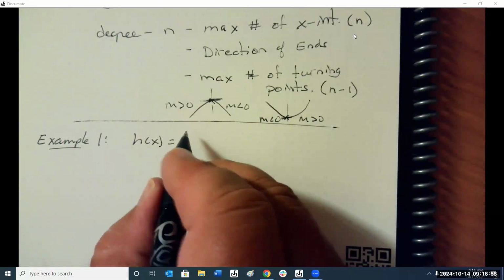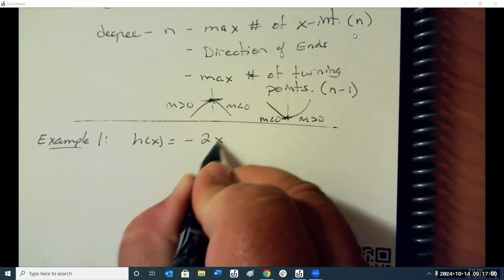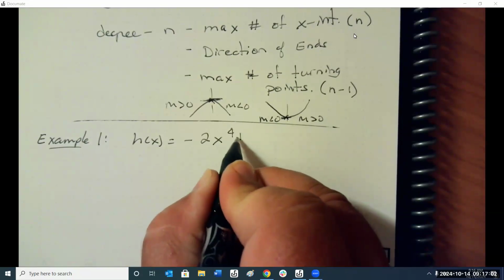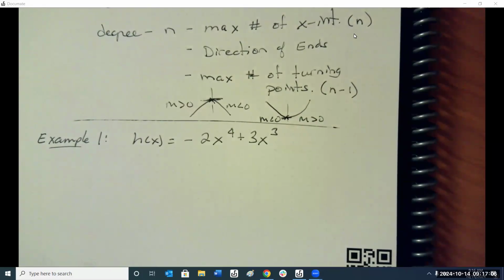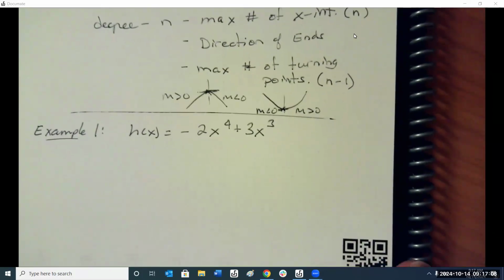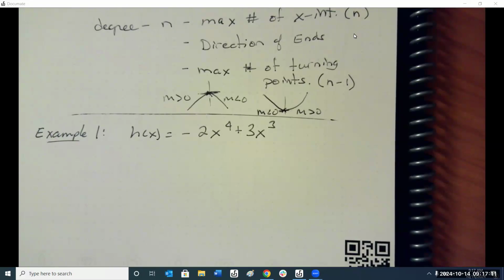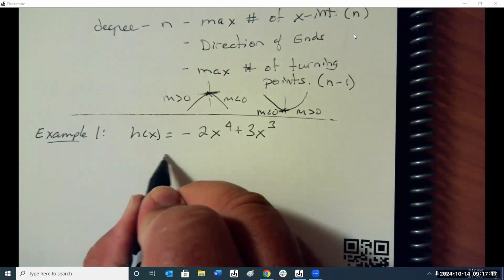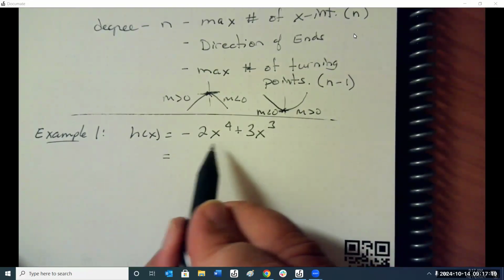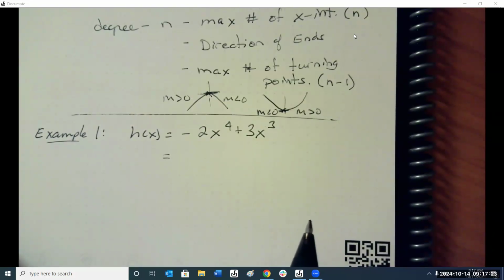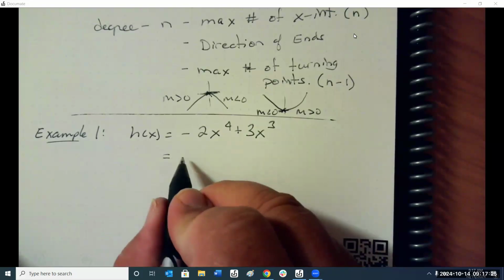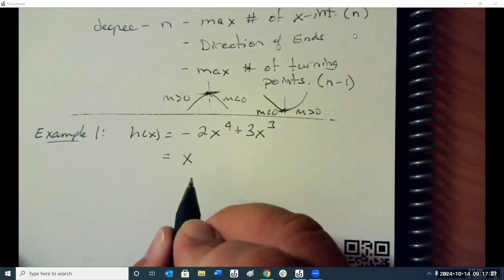Here's our function, negative 2x to the fourth plus 3x cubed. Either way, we have to find the x-intercepts. So in this case, how do we find the x-intercepts? Well, can we factor anything out of both of these? No, because the exponents are different?